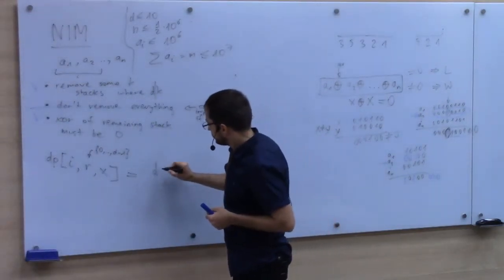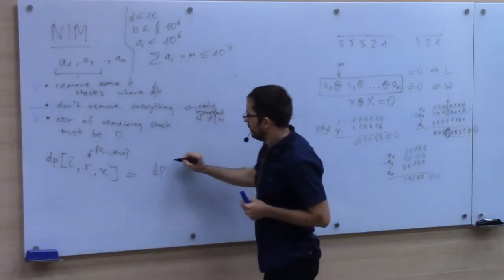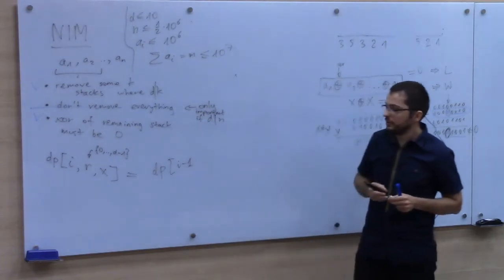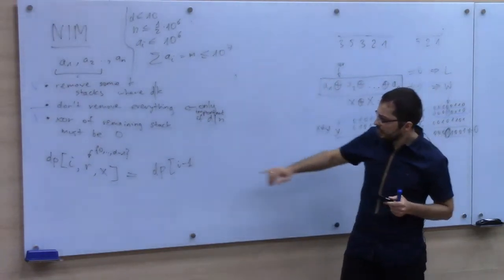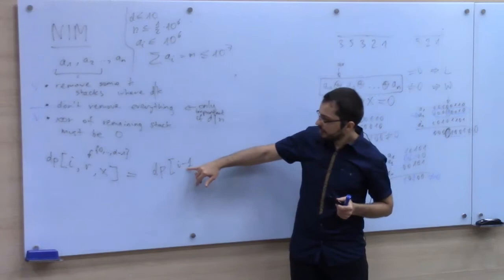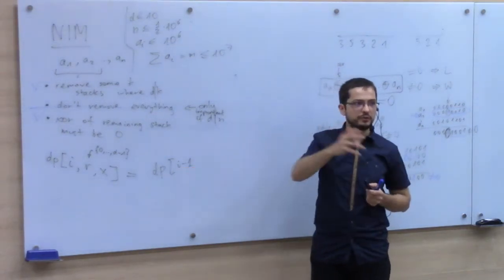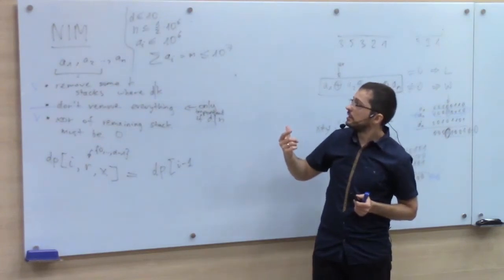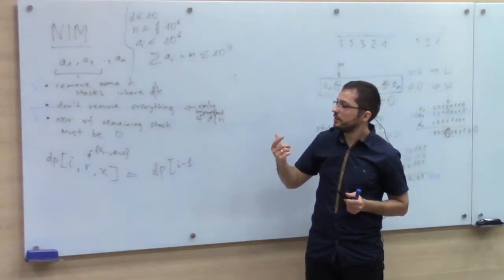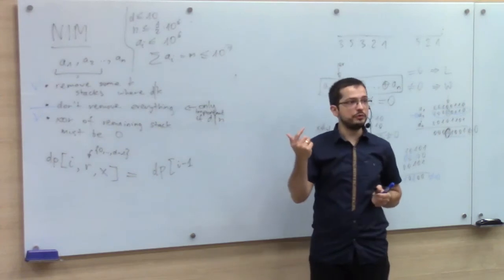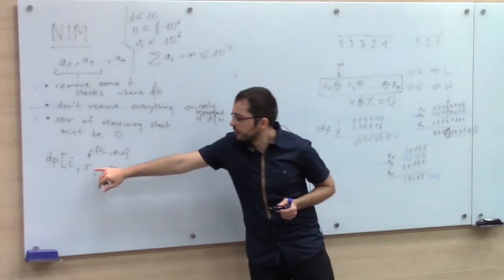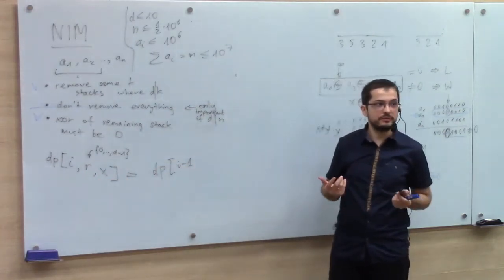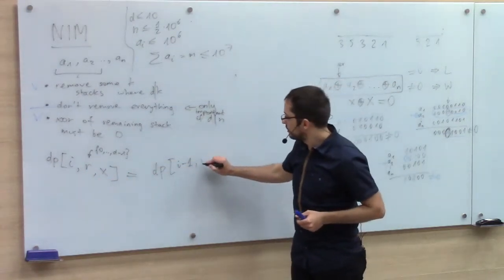In this case, if we don't remove the stack number I, then for the previous stacks from 1 to I minus 1 we still have the same number of stacks removed, so the remainder is the same. We put R here.